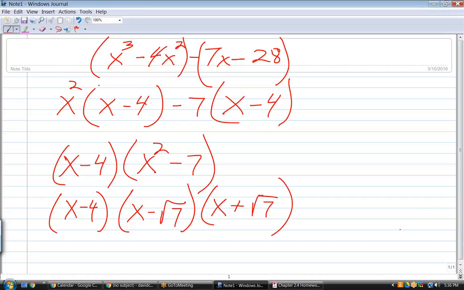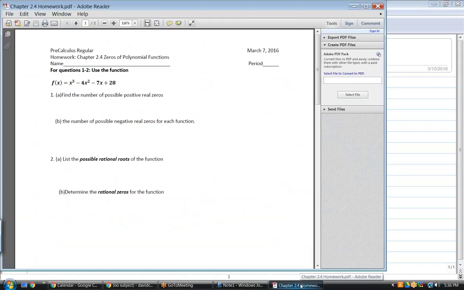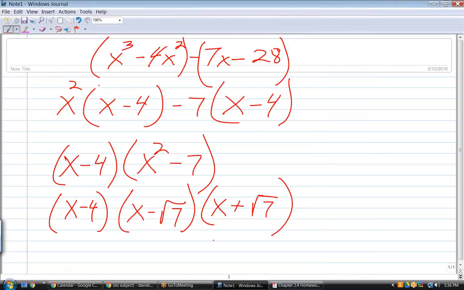So the first question here is to find the number of possible positive real zeros. How many do we have? 2? 3? 3? Well, all 3 of these multiply to 0. In other words, we start by setting that thing equal to 0 if we're looking for the zeros.